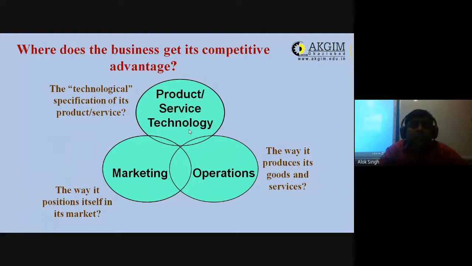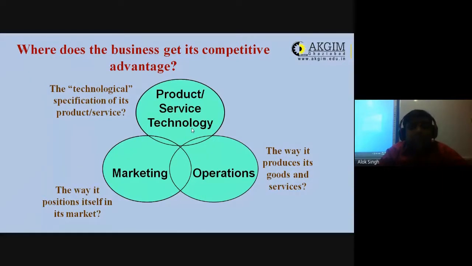Technology or process you may adopt as per the availability in that country, in that premise. So product or service technology means by which way you can produce that product. Nowadays we are adopting AI in agriculture.